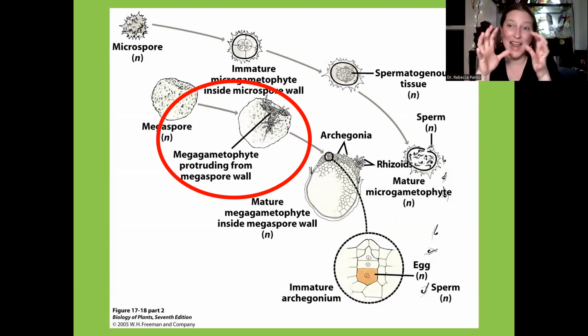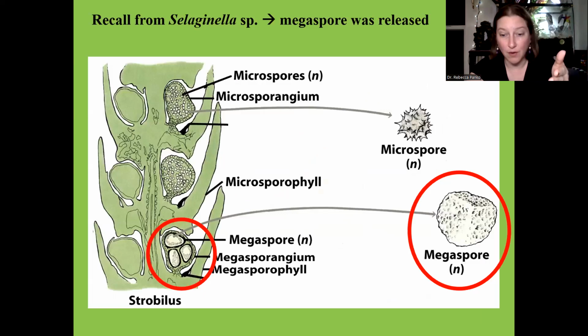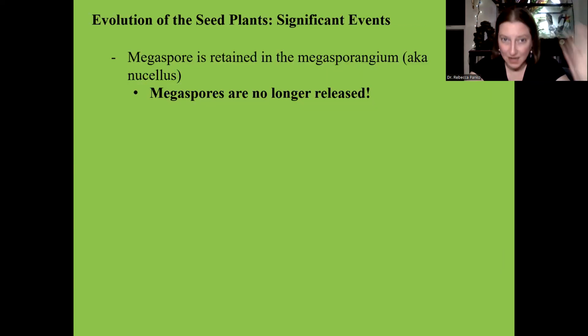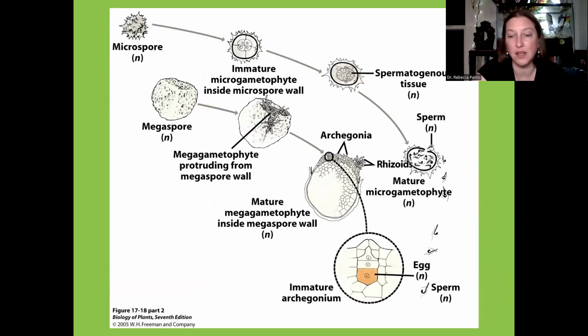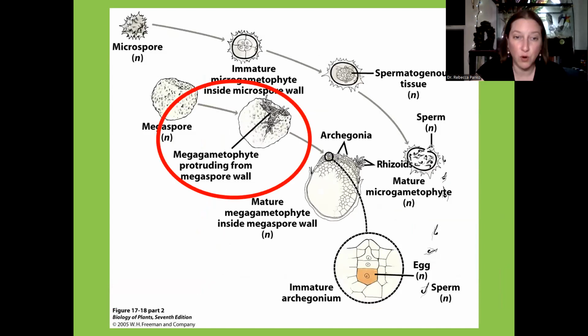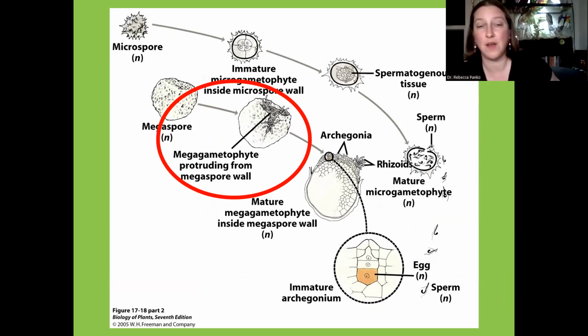The gametophyte plant stayed inside of the spore, but the spore got released, right? Which again is not what is happening in the seed plants anymore. The megaspore doesn't get released anymore. Megaspore is going to stay inside. Female gametophyte plant lived inside, which is still the case here in the seed plants. The female gametophyte plant is still going to live inside of the megaspore.